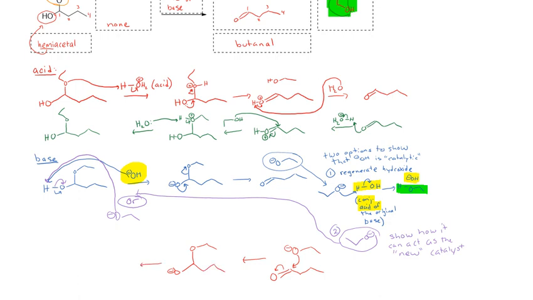That gets us to this charged intermediate, which can act as a base for an ethanol molecule. So the stoichiometric alcohol, that's a reactant if we're thinking about it in this direction, gets us back to the hemiacetal.